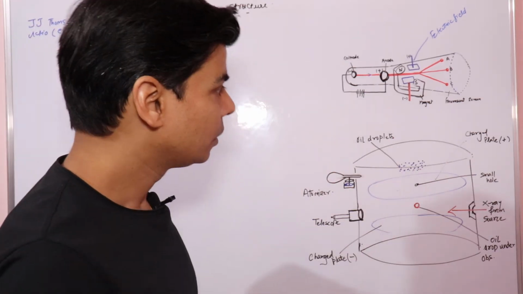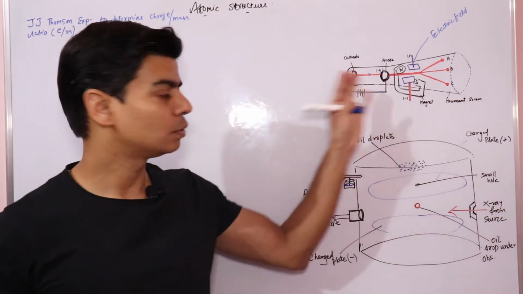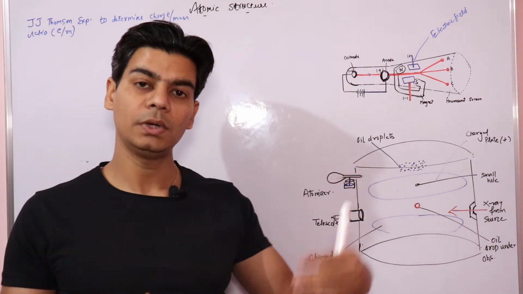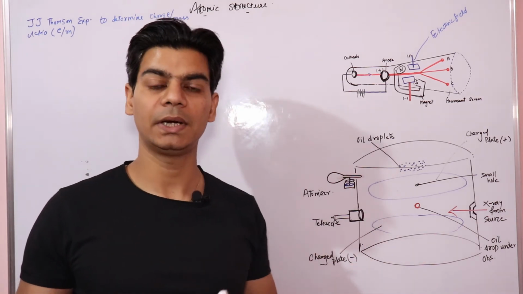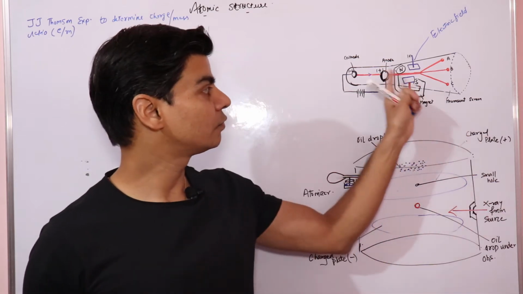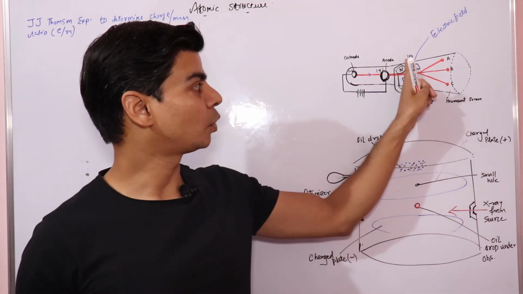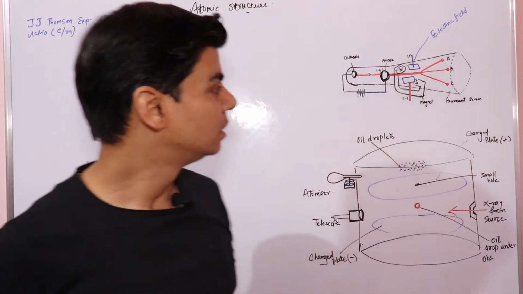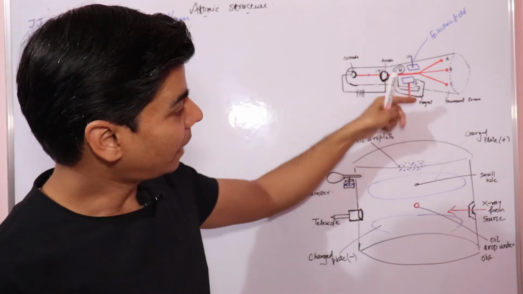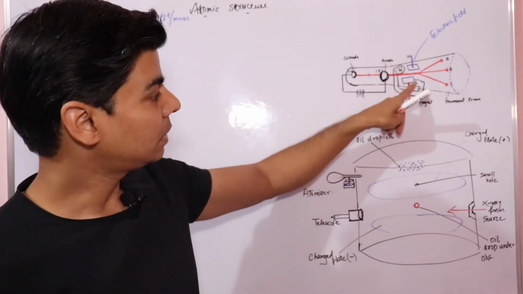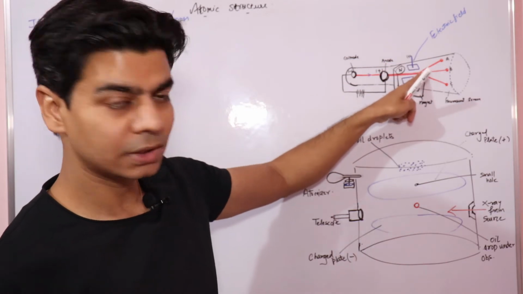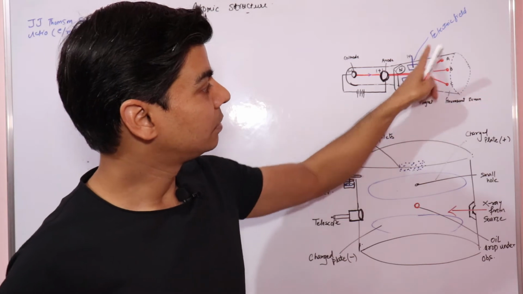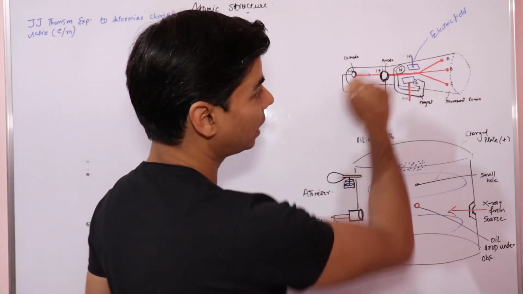Now we know that electrons are negatively charged, so when electrons travel through an electric field or a magnetic field, they get deflected, right? In the case of the electric field, we have a positive plate here, so the negative electrons would be deflected towards the positive plate. Similarly, in the case of the magnetic field, the arrangement is such that the electrons would be deflected in a direction opposite to the direction in which they are deflected by the electric field.